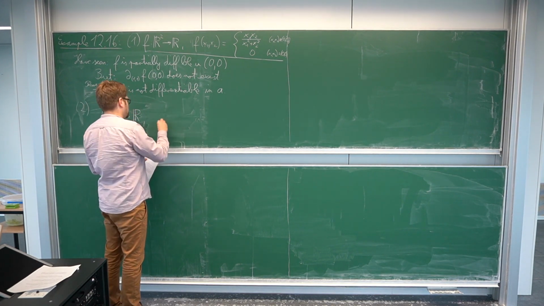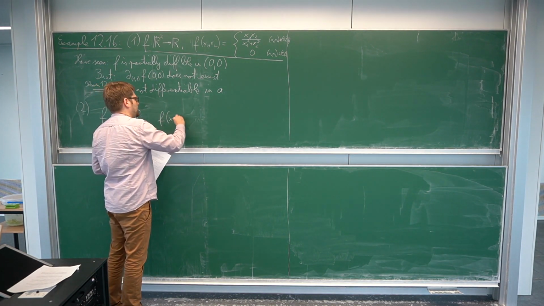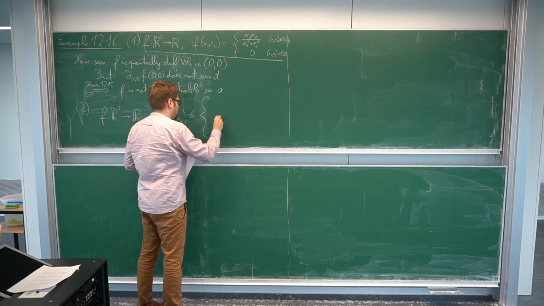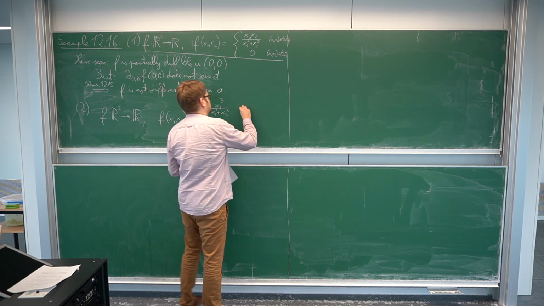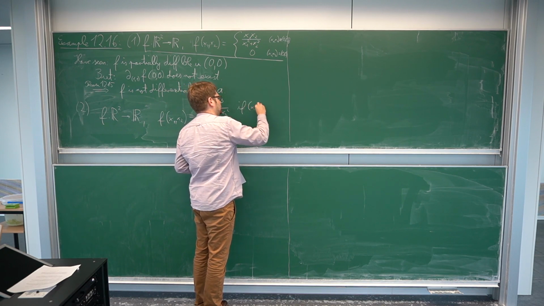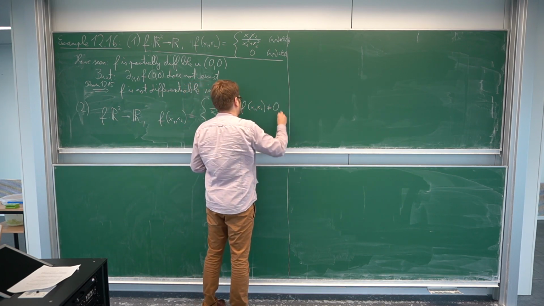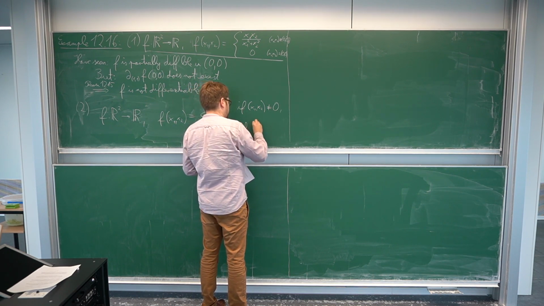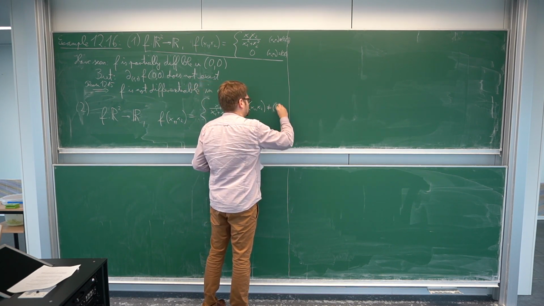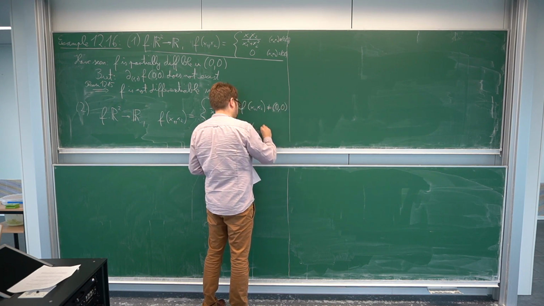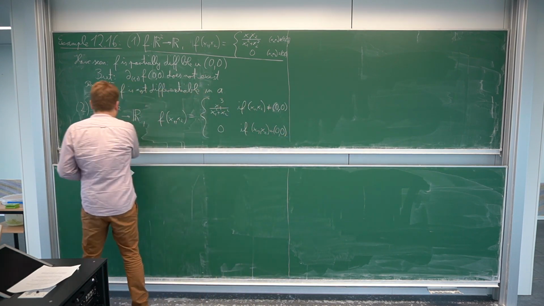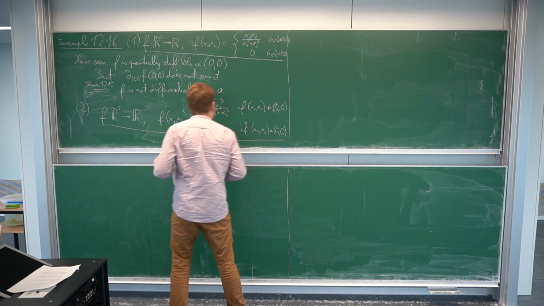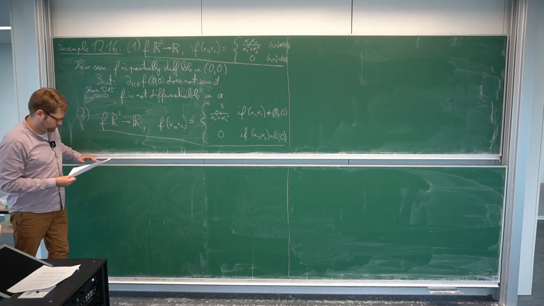We again define this by a rational function: f of (x1, x2) is supposed to be x1 to the power of 3 divided by x1 squared plus x2 squared if the point is not the origin, and we put the function to be 0 if we are in the origin (0,0). So this is another function where it's non-obvious which properties it has.